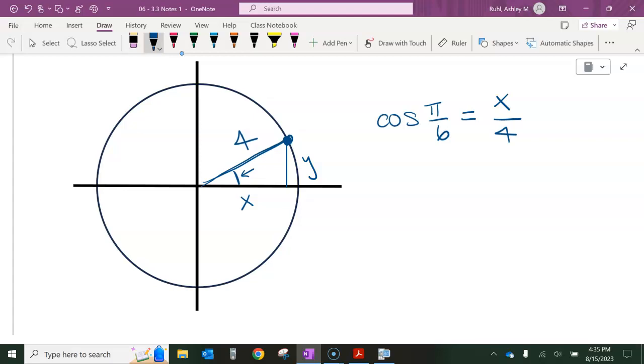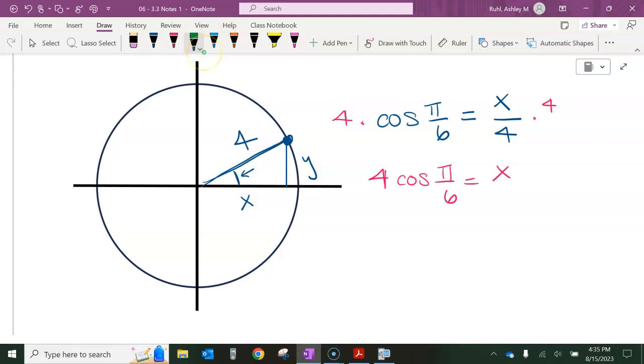So this is the cosine of my angle. My angle is pi over 6, and that's equal to adjacent over hypotenuse. If I was to solve for x, I would multiply by 4 on both sides. And now I have 4 cosine pi over 6 is equal to x.